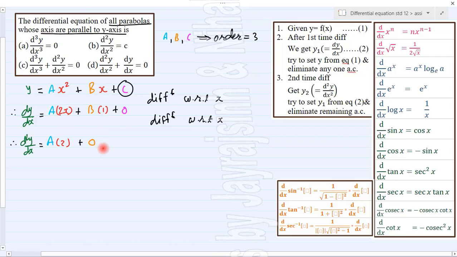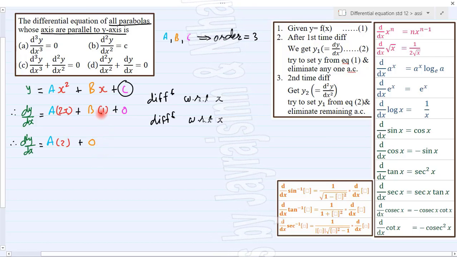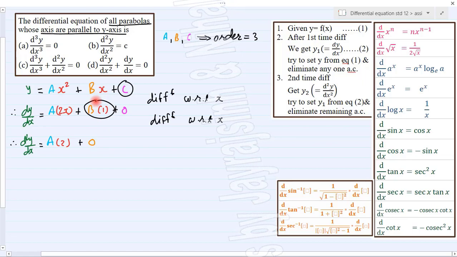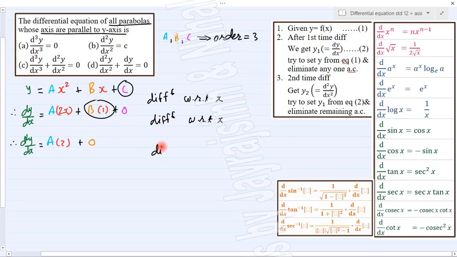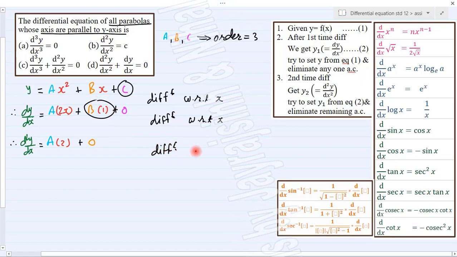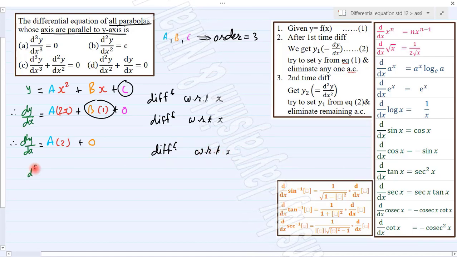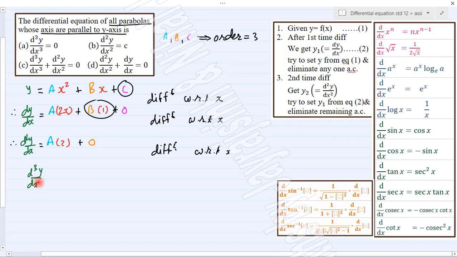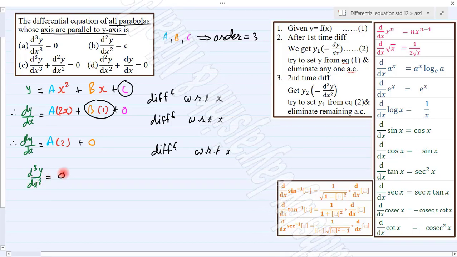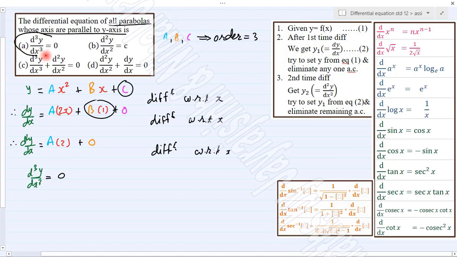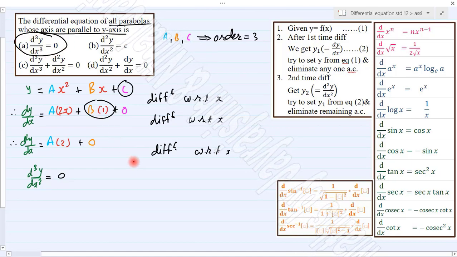So its differentiation will also become 0 and one arbitrary constant is also eliminated. Similarly, if we differentiate third time, then we will get d cube y by dx cube is equal to 0, which is given in option A. Ta-da!